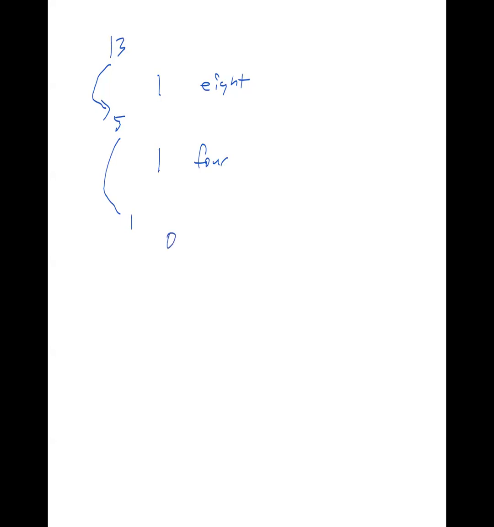So does 2 go into 1? No, it's 0 2s in 1. Now what's half of 2? 1. So there's 1 1 in 1. So then we start from the ones unit, which is the 1, and then the 2's digit, and then the 4's digit, and then the 8's digit. So 1101 in base 2 is equal to 13 in base 10.